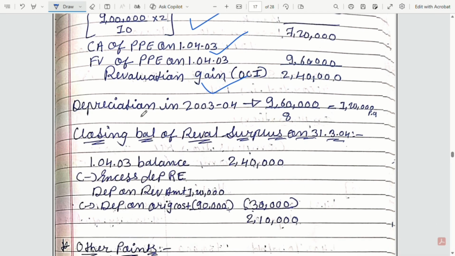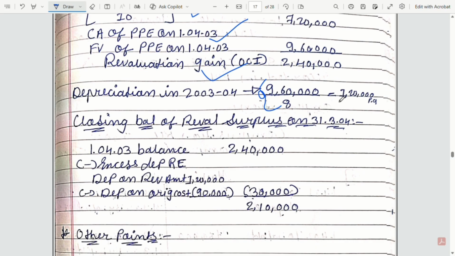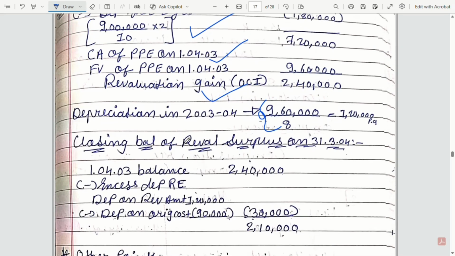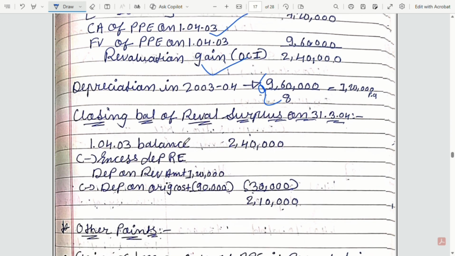So this is the fair value and we will calculate the depreciation for the remaining useful life, which is coming 1,20,000. Now see, as we have discussed, because of revaluation, if we are getting excess depreciation, we can adjust that depreciation with the revaluation surplus.